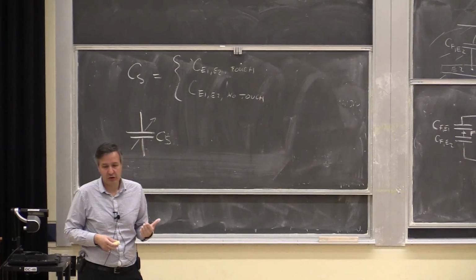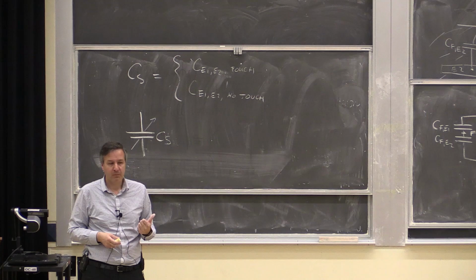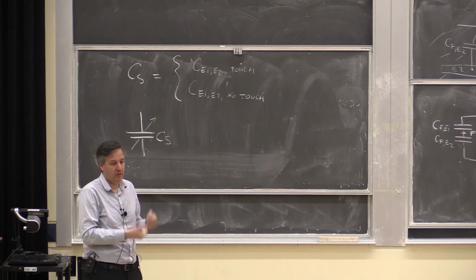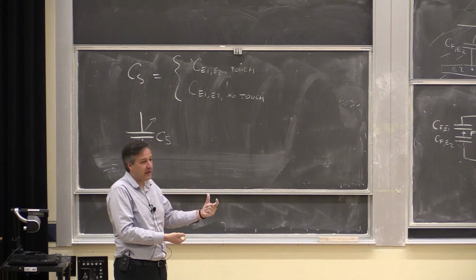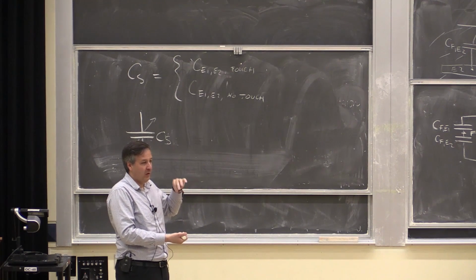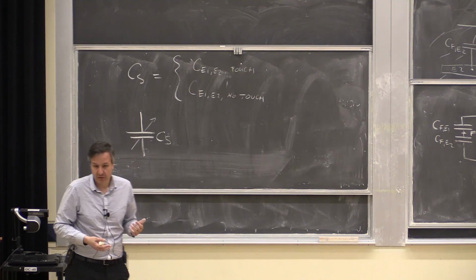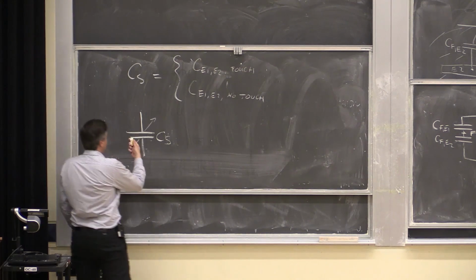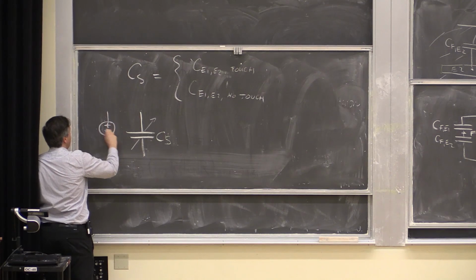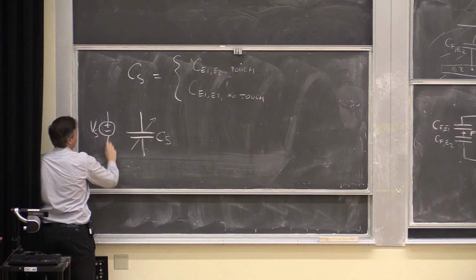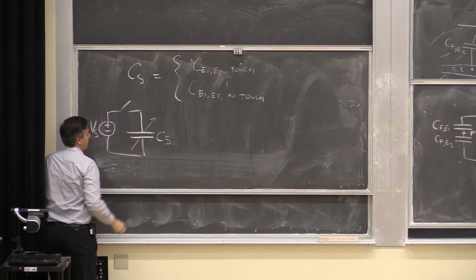I can use a switch. And what else do I need? A voltage source, which has a constant supply, constant voltage. And I need a switch to define when I'm going to fully charge that capacitor. That's what we did last lecture. So we will have a voltage source, Vs, and then we add a switch here.